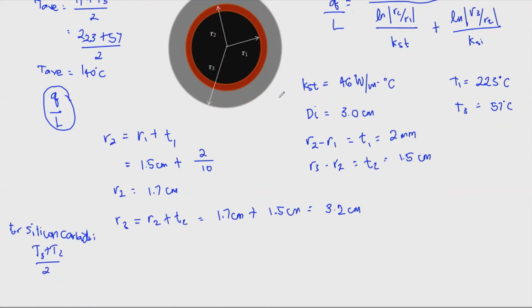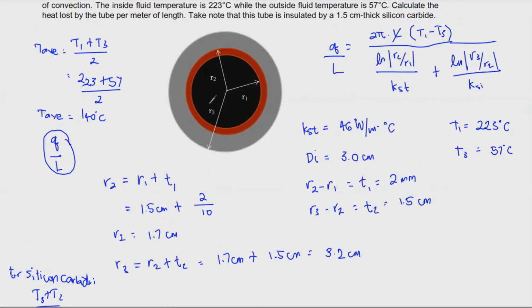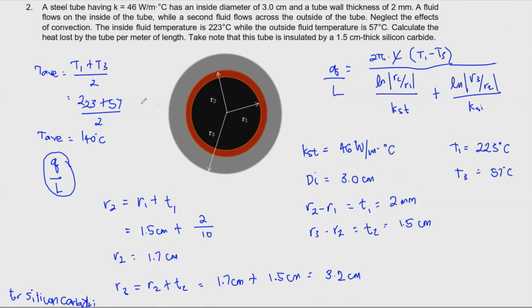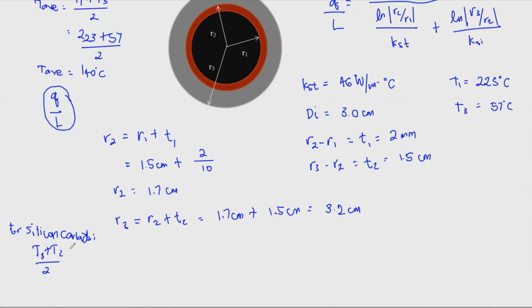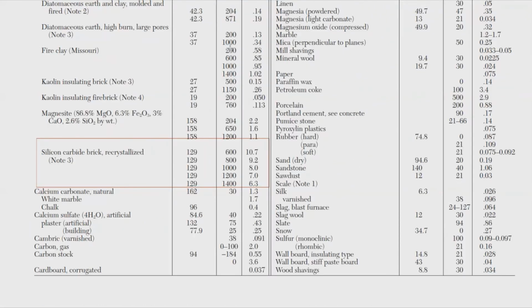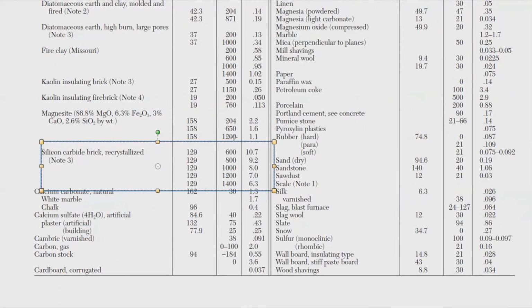So in that case, we'll be solving for two solutions. We'll be solving for one using the average temperature of T1 and T3, and the other one is just using our T3 here. Because we don't have any value for T2, and if we had, it could have been a lot easier. So using our average temperature, which is 140, let me just use that to extrapolate here.